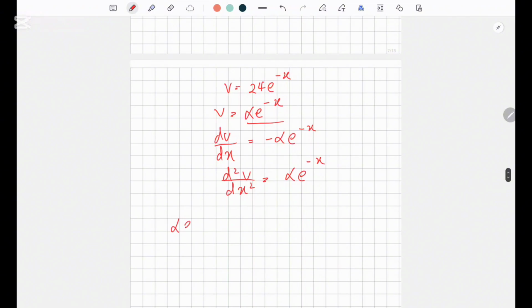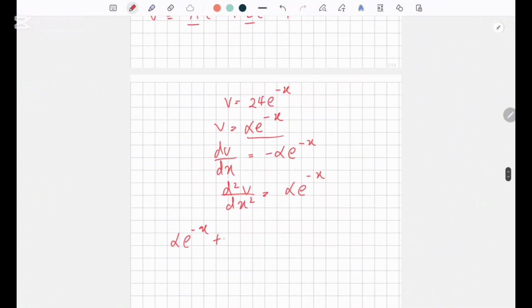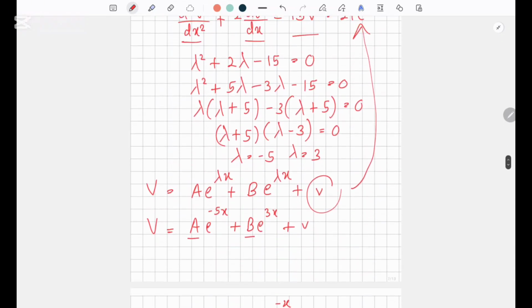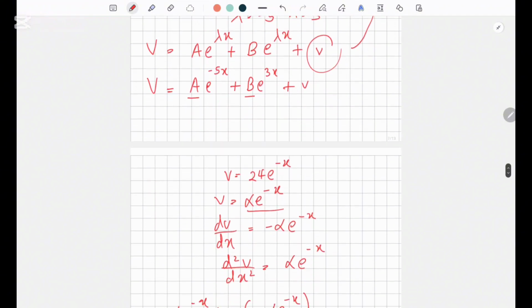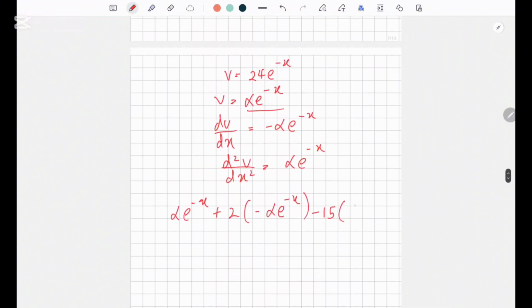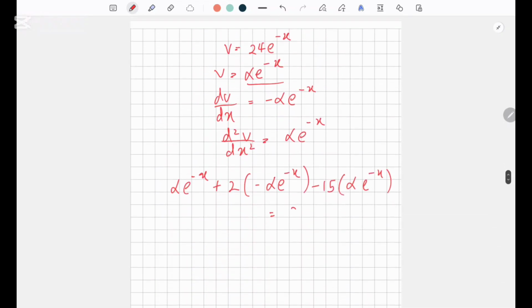So we have alpha e to the power minus x plus 2 into minus alpha e to the power minus x minus 15 into v, which is alpha e to the power minus x, equals 24 e to the power minus x. So you can cancel off e to the power minus x.